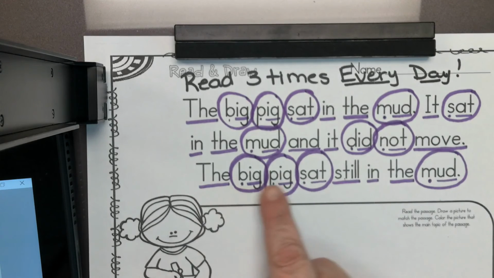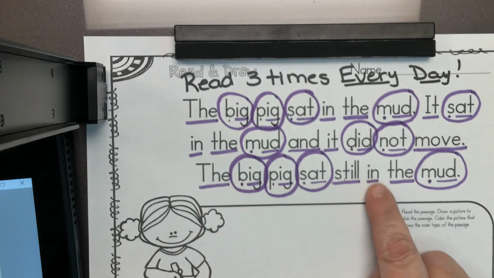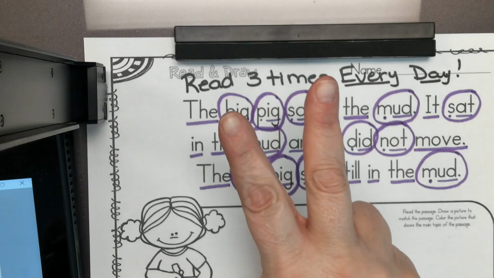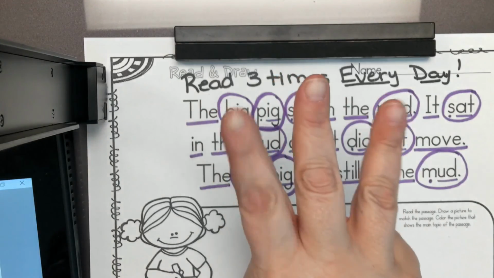The big pig sat still in the mud. Very good. We have read our story 2 times, but I want to read it 3 times to have lots of practice.